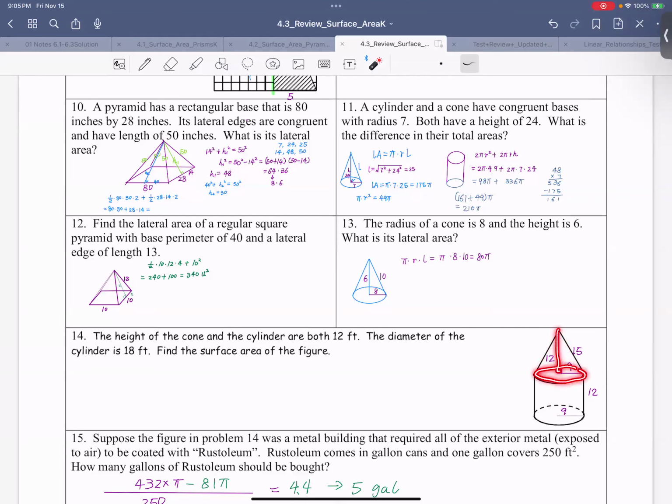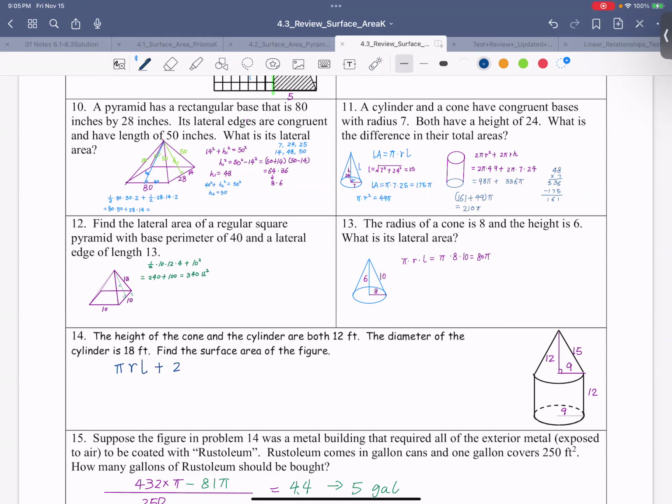What shape is this? That's a cone, right? Yeah. This cone's lateral surface is what? The lateral surface is pi r l, yes? Go, say it. Pi times 9 times 15. Hold on. I don't want you to immediately plug in. I want you to write down the formula. Pi r l plus, okay, that's 2 pi r h.